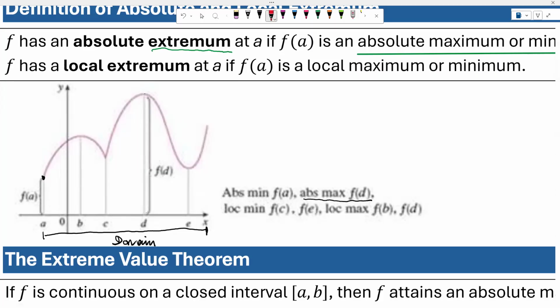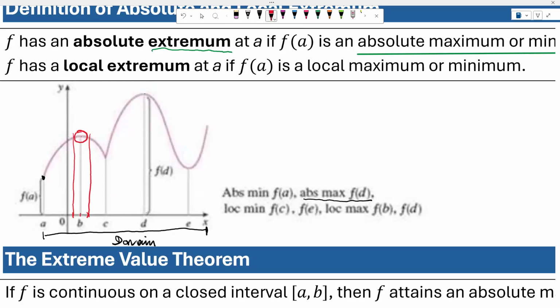And how about this one right here? Okay, so you will see that as x equals b, within this small interval right here, f of b is the biggest output.